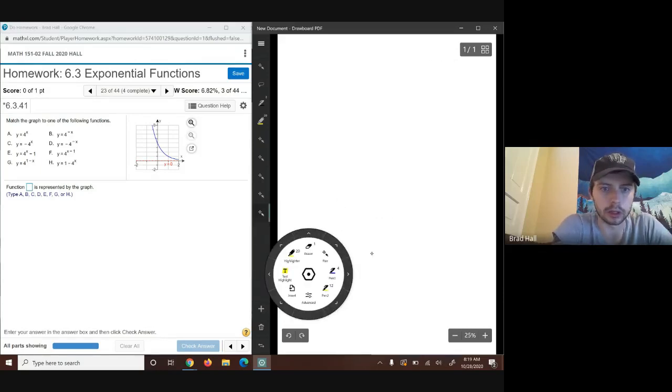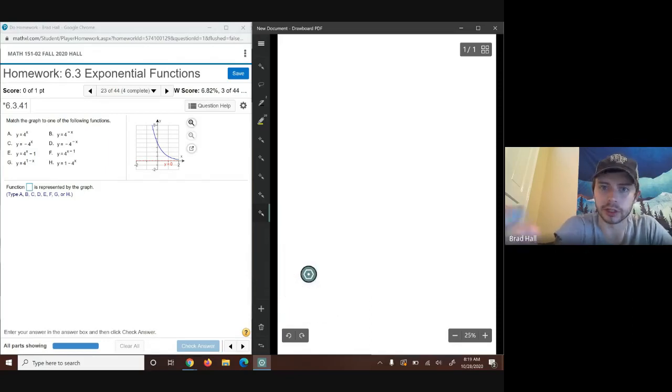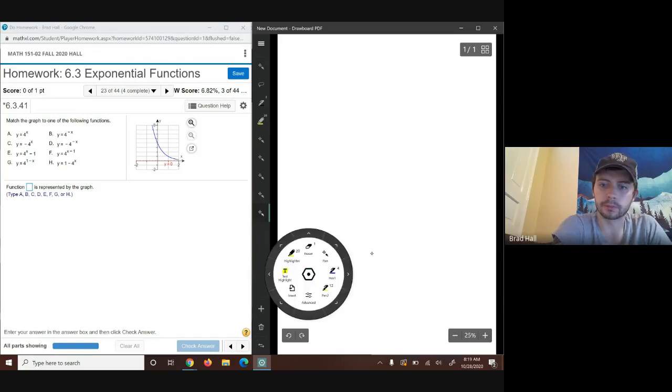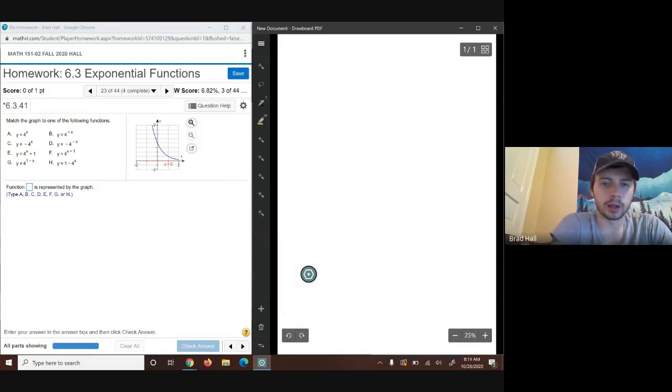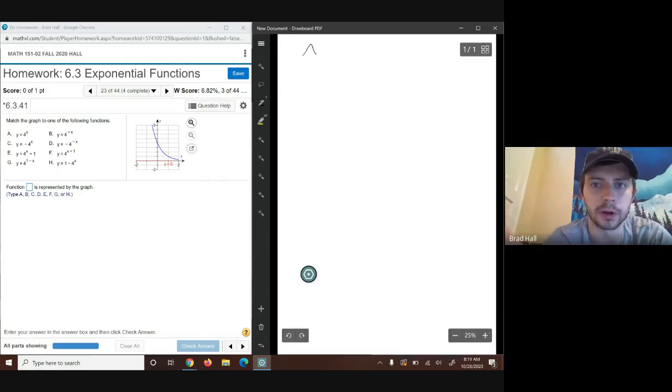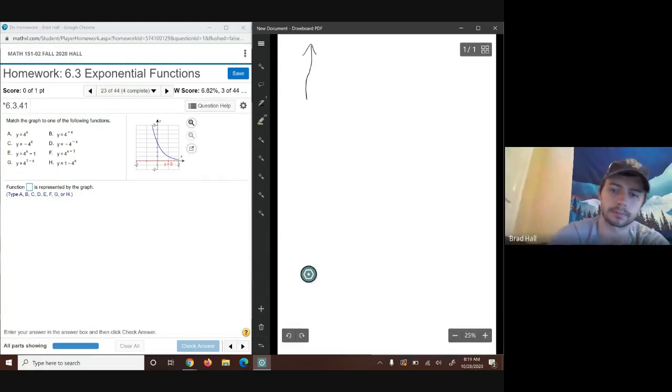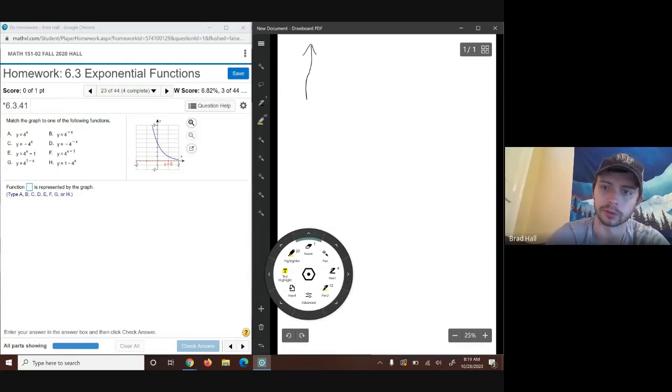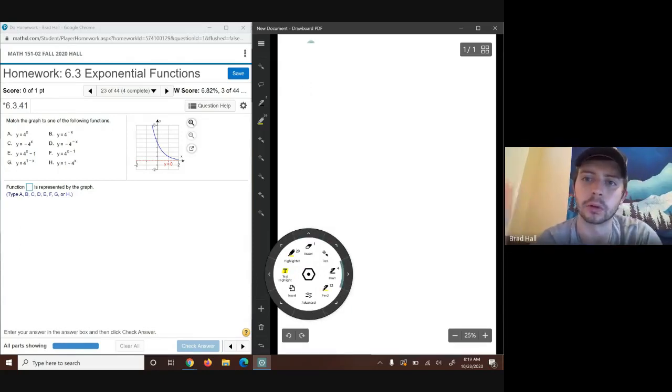Okay, so we have another situation here where we're just trying to figure out which graph is correct. And remember, this all compares to, sorry, these tablets take a little bit of getting used to.